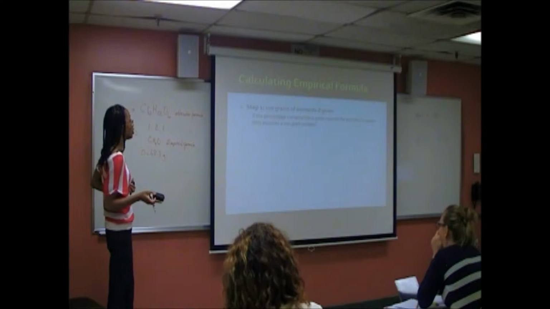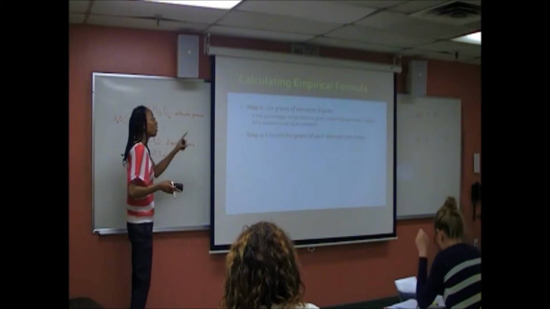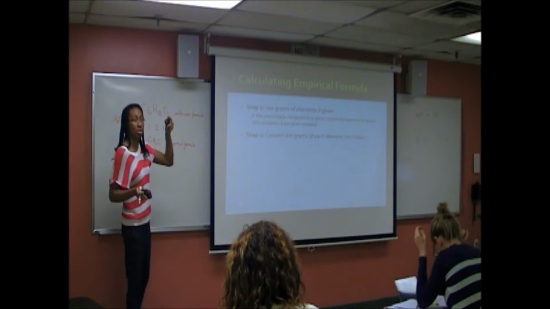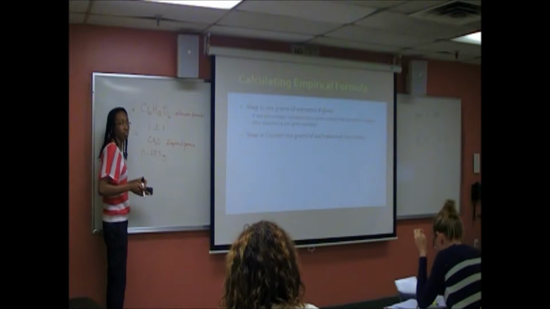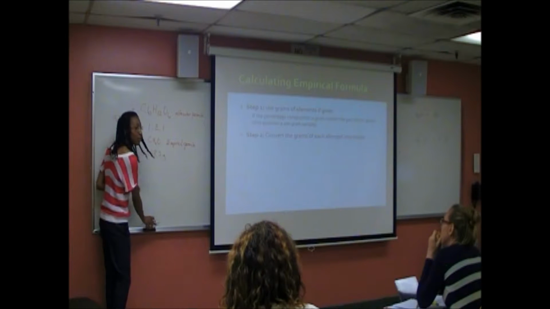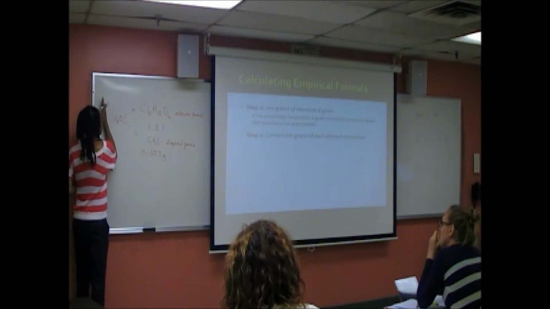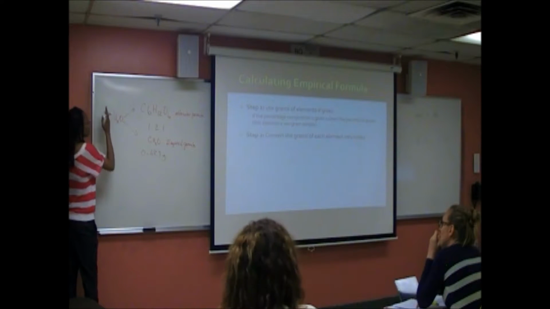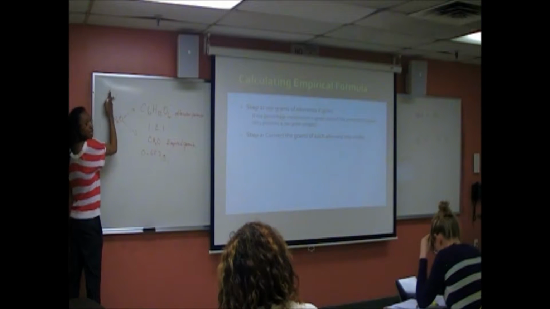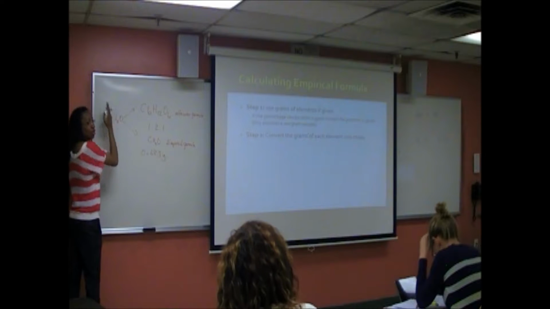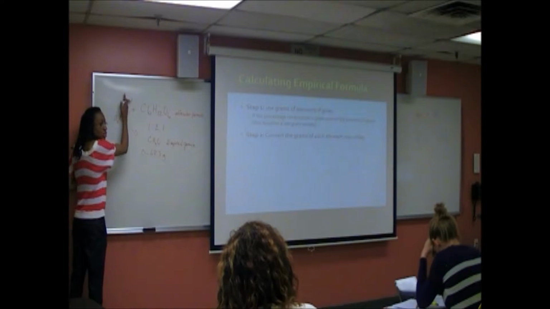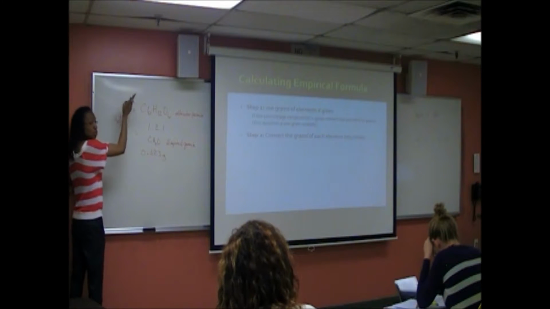Alright? Step 2. Convert your grams to moles. So then you do a conversion factor with your molar mass. Each element that you have, you have them listed out, then you have the masses listed out. You convert those masses to moles.